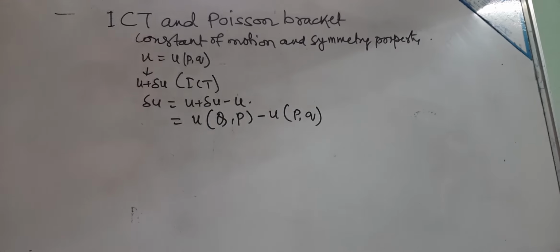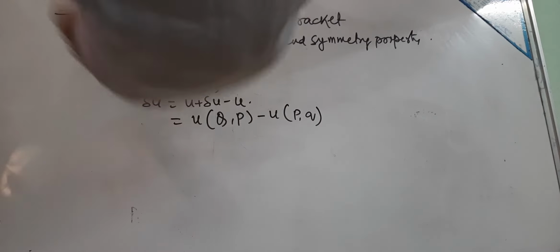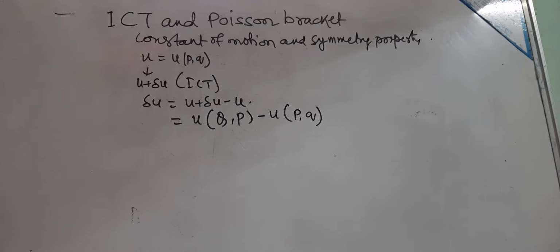So this is written as u of capital Q, capital P, minus u of small p, small q. That is, we are changing from the old coordinate to the new coordinate. The new coordinate is capital P and capital Q, by infinitesimal contact transformation, ICT.